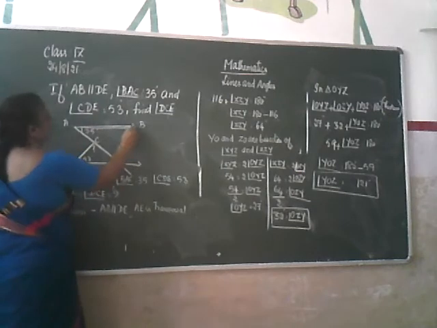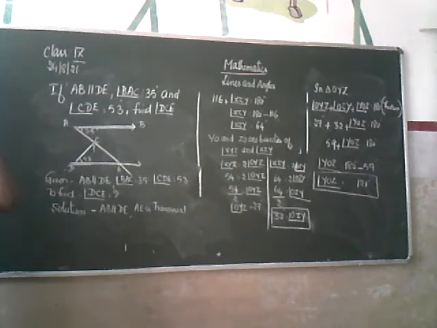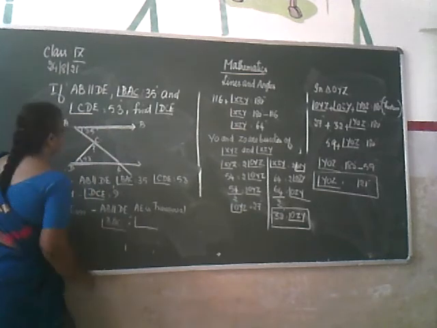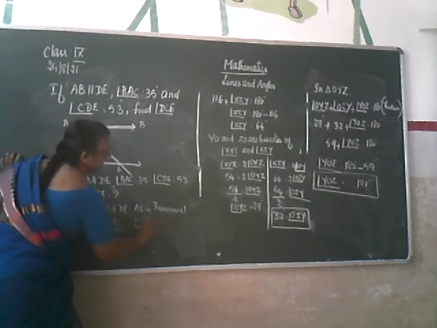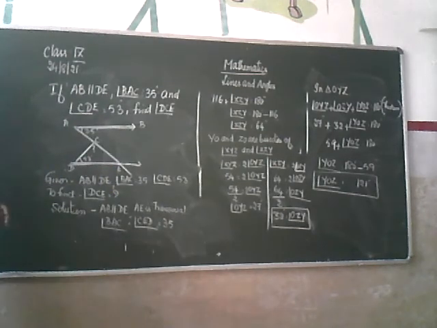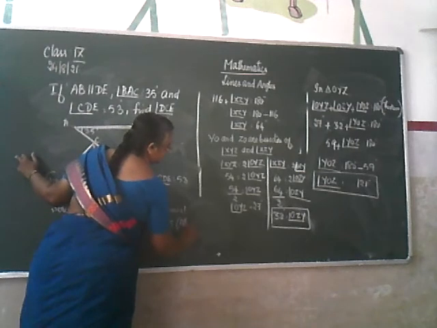Transversal, what about these two angles? Yes, they are alternate angles. So I can say BAC is equal to angle CED. BAC is 35 degrees.